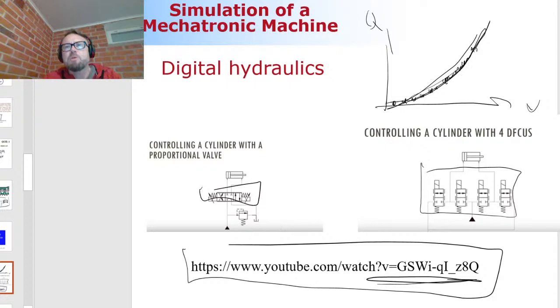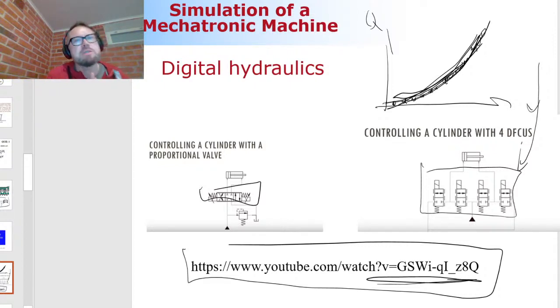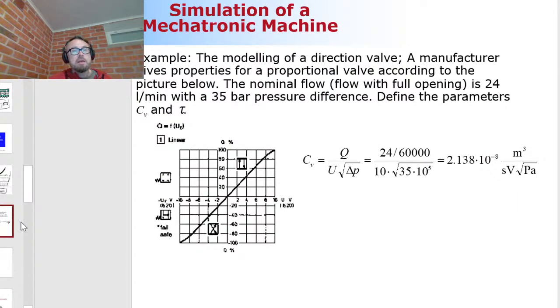And once you have enough points, it resembles an analogical valve. The benefit is that it's mentioned that it is a better solution maintenance-wise and energy-wise. Take a look at the video and make your conclusion by yourself, but make sure you understand the concept behind digital hydraulics, because I might ask that in the next midterm exam.